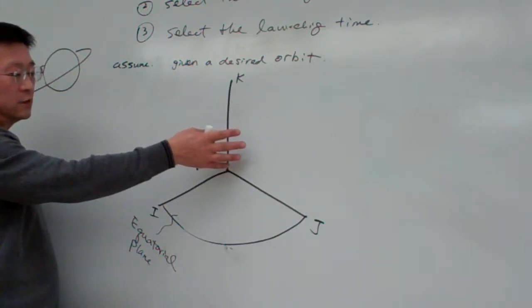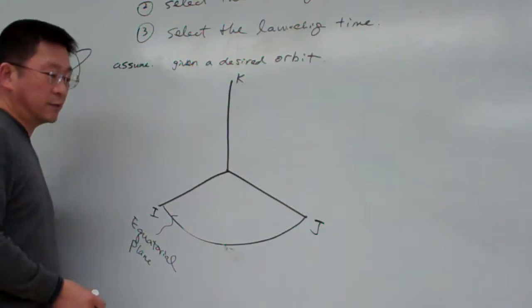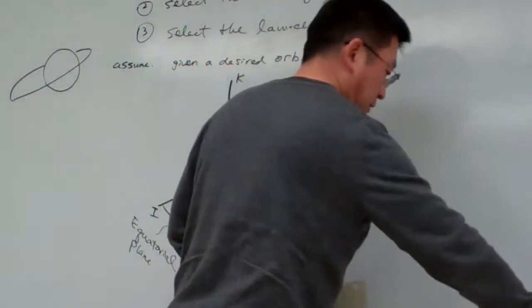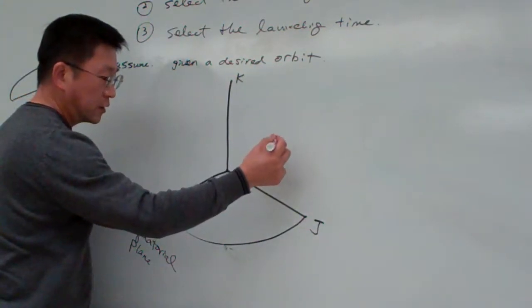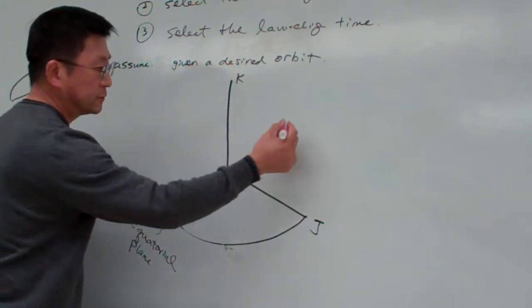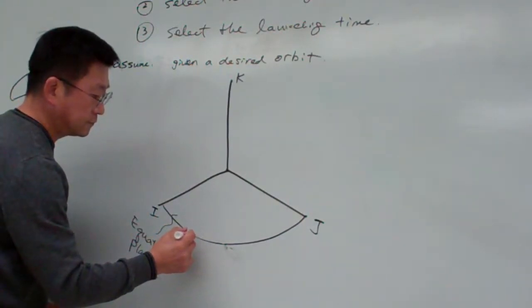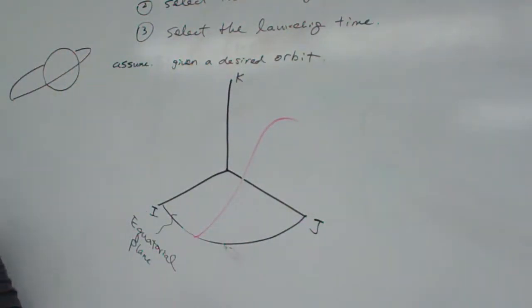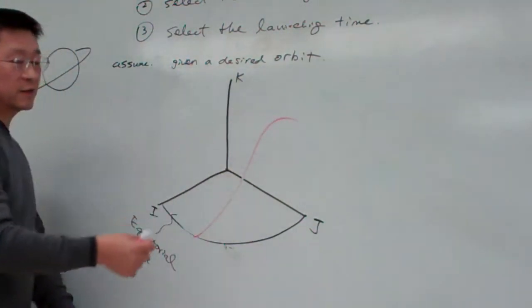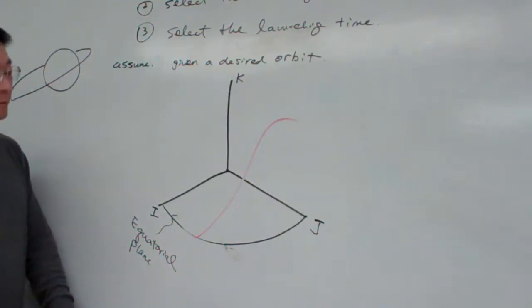Here is one-eighth of this Earth sphere and the projection of the orbit onto the Earth's surface. We see the curve like this because the Earth's surface is spherical.